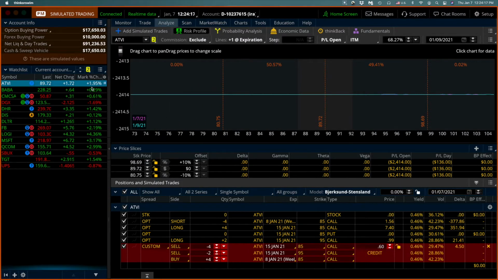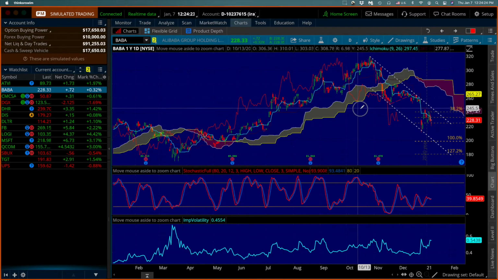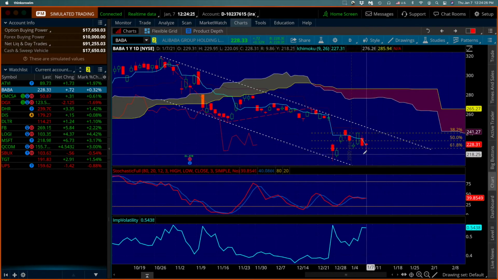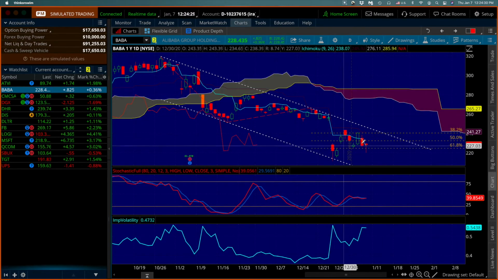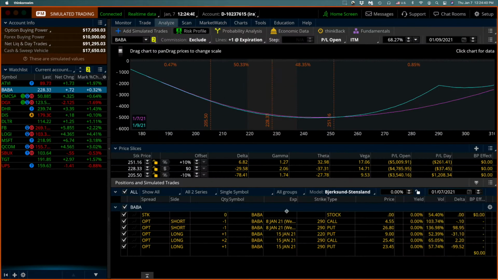Okay, let's move on to BABA here. And let's look at the chart. It's like the stock is moving sideways after a trendy downturn. I think it's going to make another low, but you know what? I don't really have confidence on that. Let's see.